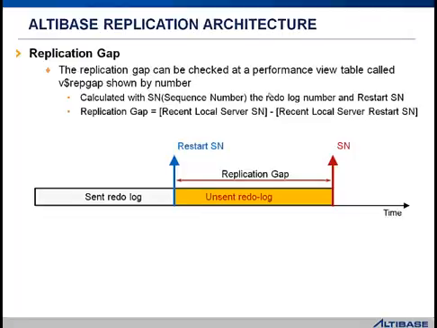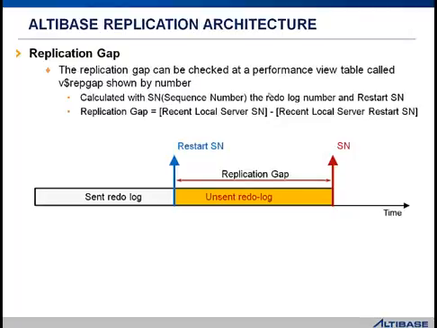The sequence number is recorded in every log, so when the sender thread reads the log, we can check how many logs the sender thread is up to. That means the sequence number is also recorded in the xlog, and we can check how many xlogs the sender thread has sent so far, and also how many xlogs the receiver has received so far. So when we talk about replication gap, it is a difference of sequence numbers.